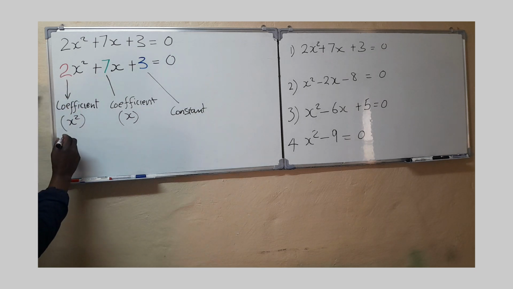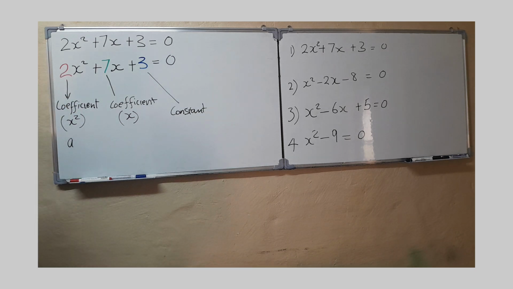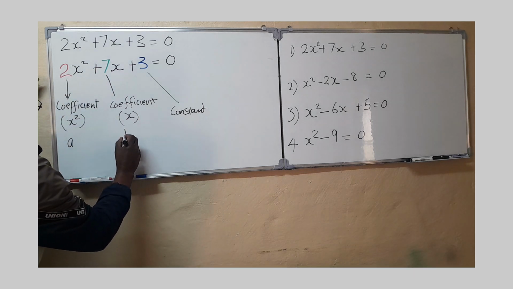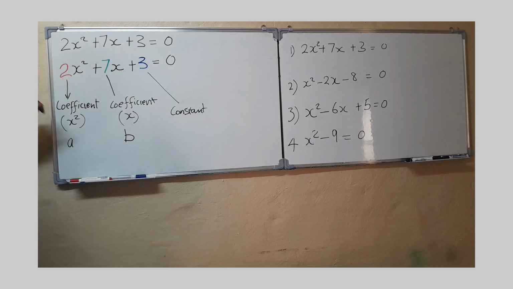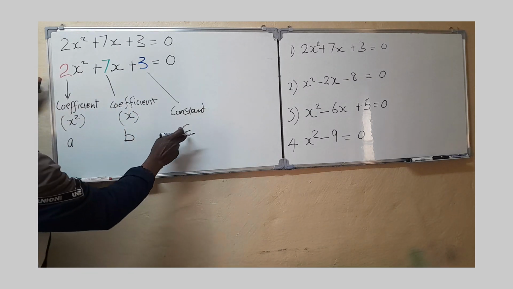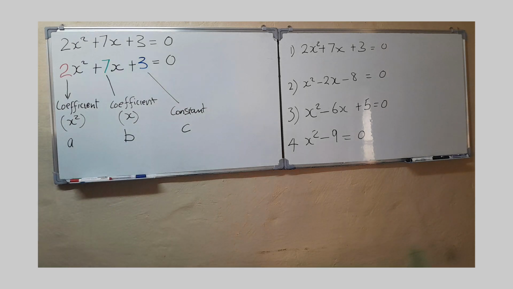This is normally given the symbol A when we are writing a general quadratic equation. Okay, so this one here, the coefficient of x, is normally given the letter B. The constant is normally given, for obvious reason, the letter C for constant, obviously.